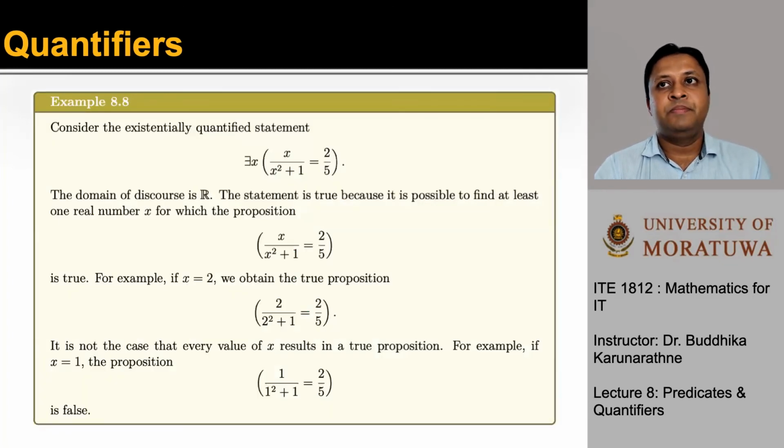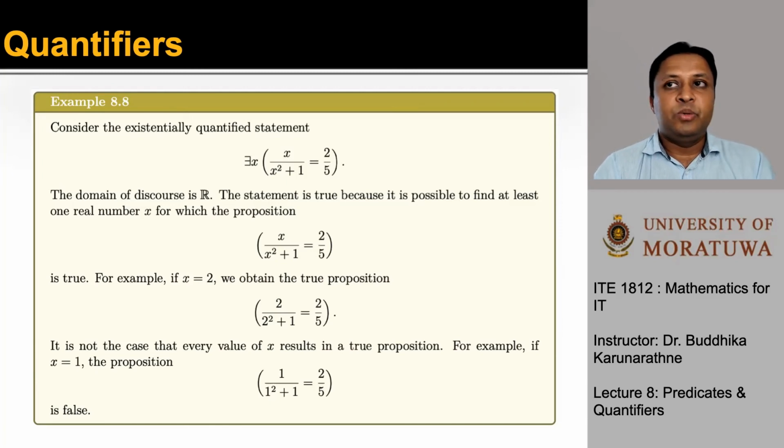Going to examples, consider the existentially quantified statement: there exists x such that x over x squared plus 1 is equal to 2 over 5. Here the domain of discourse is R, the real numbers.